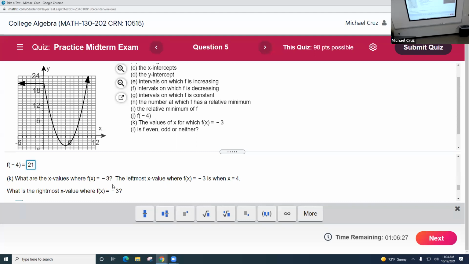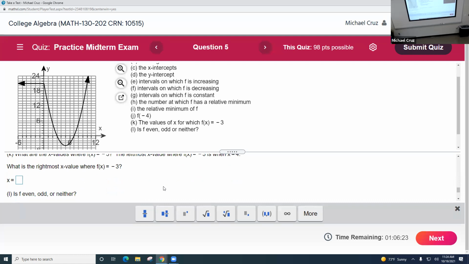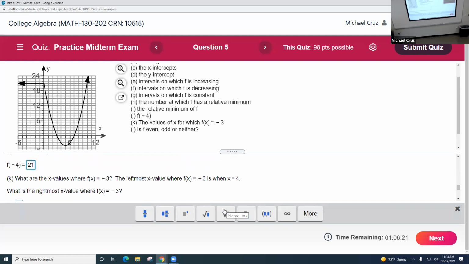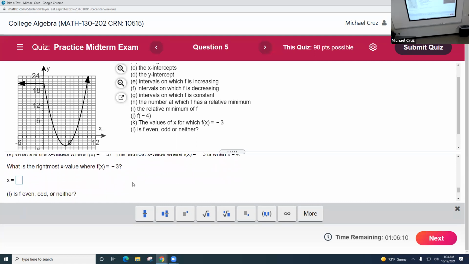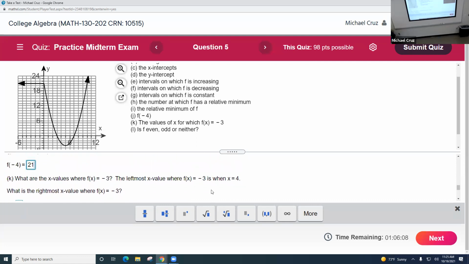What are the X values when X is equal to -3? Well, the X values for X is equal to -3. So -3. X is equal to 1, 2, 3. That's -3.